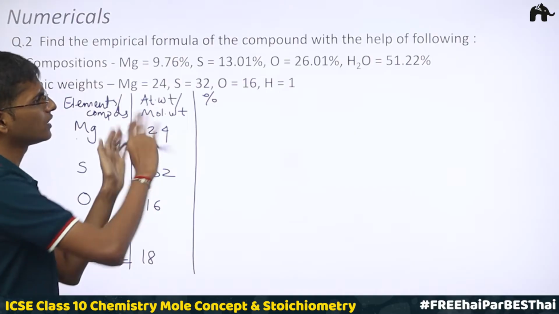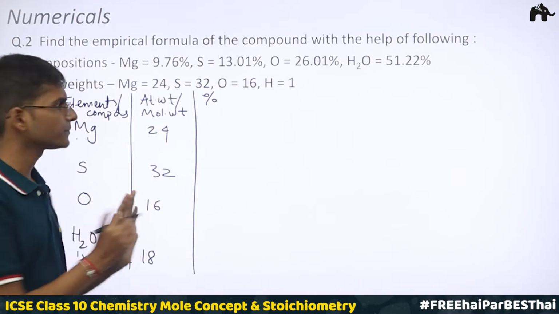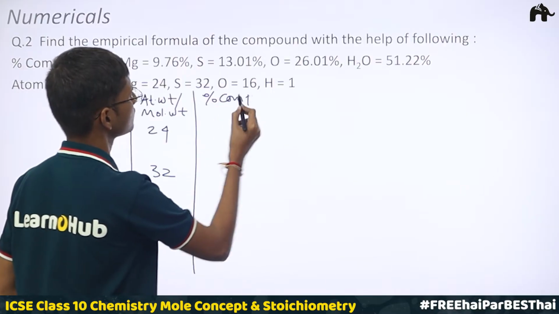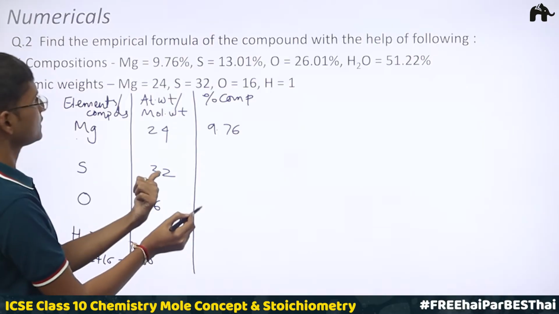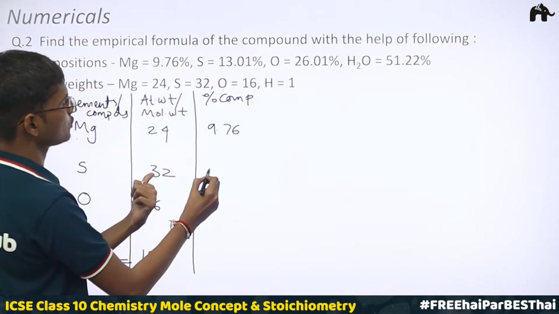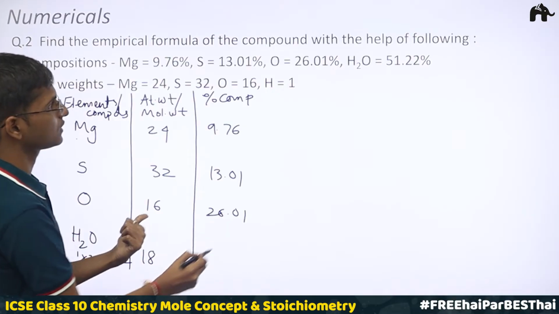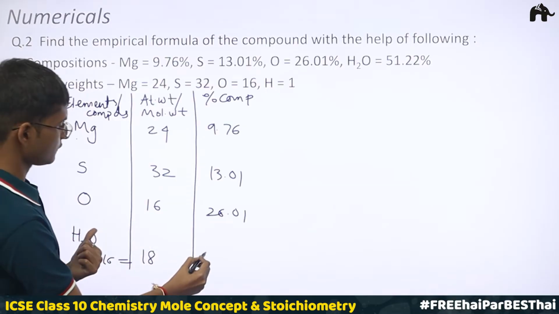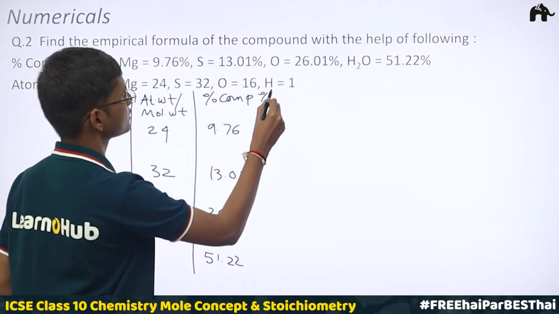So for magnesium, percentage composition is 9.76. For sulfur, it's 13.01. Then for oxygen, it's 26.01, right? And for water, it's 51.22 percentage composition. Okay, in percentages.